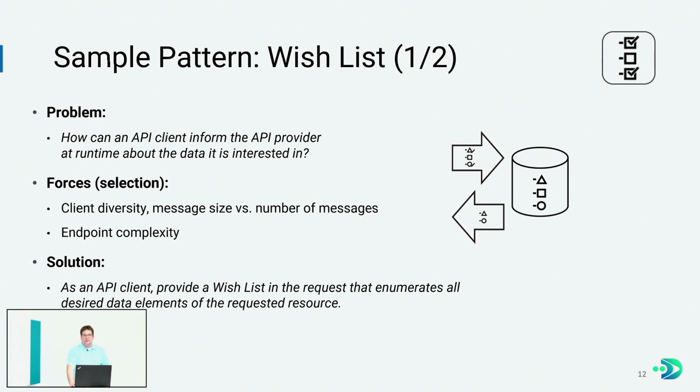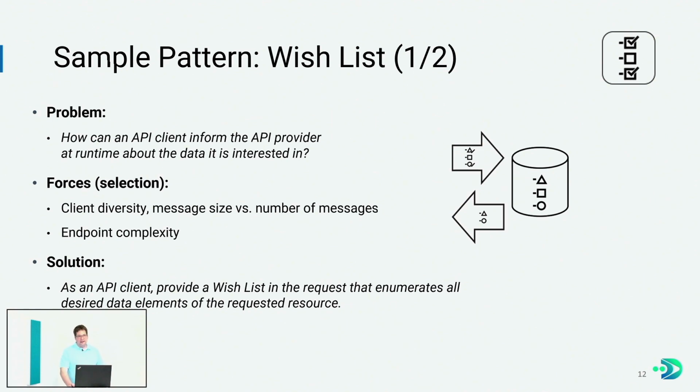There are other ways of controlling the size of a message. Another pattern which we identified is the wish list. Probably as a client, I don't need all the data which comes there. For instance, I'm working in a large Swiss project where you can access land register data.